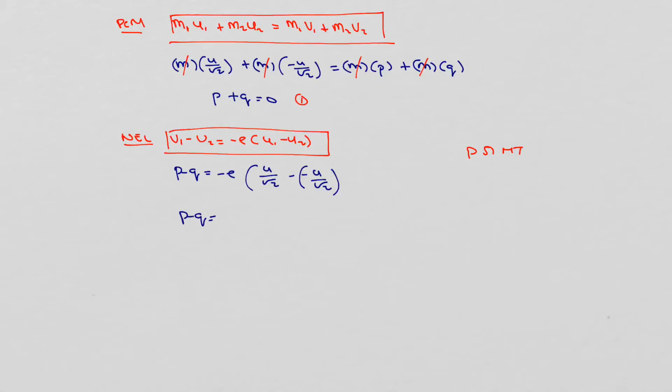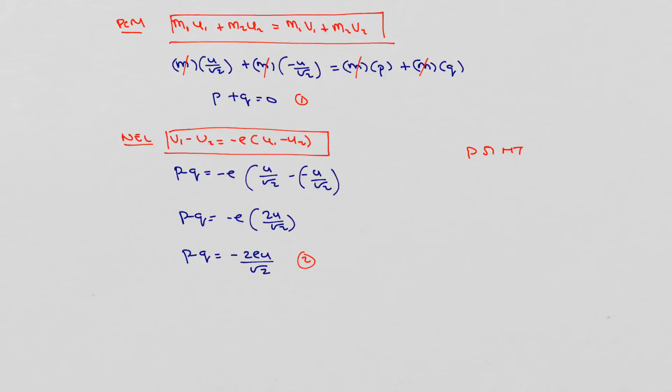So therefore that simplifies down to give us minus e times 2u over root 2. So P minus Q is equal to minus 2eu all over root 2. So that's our second equation there.